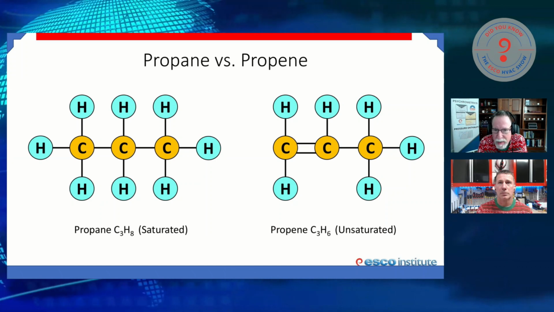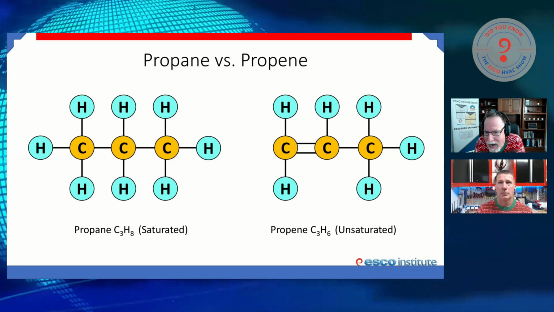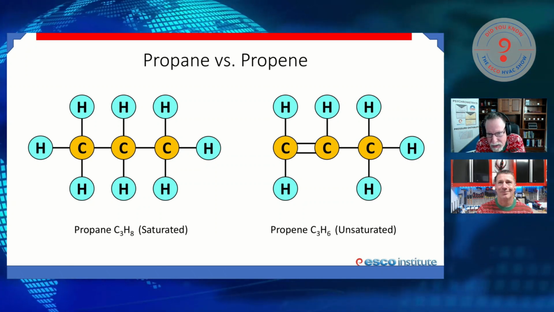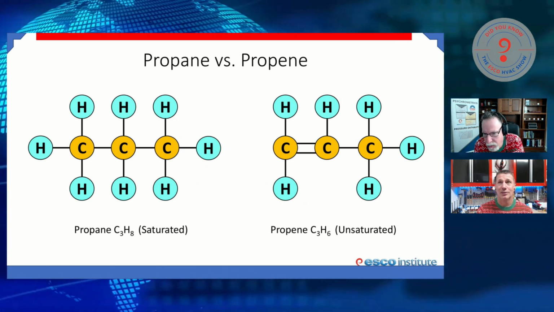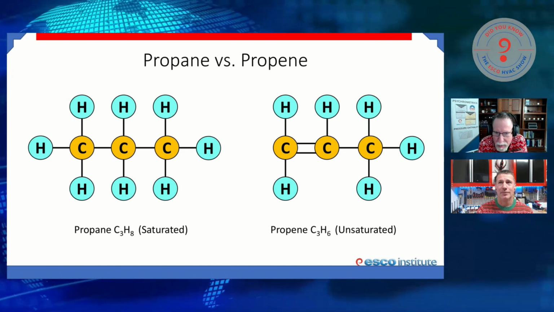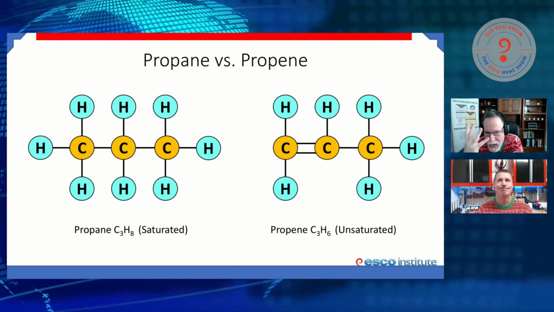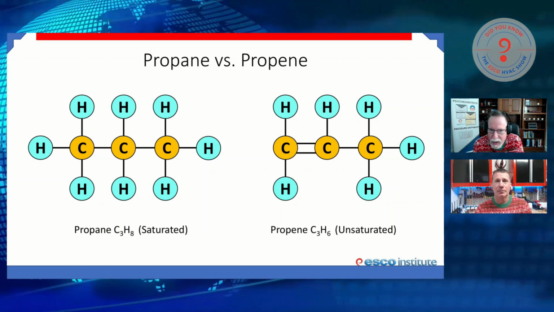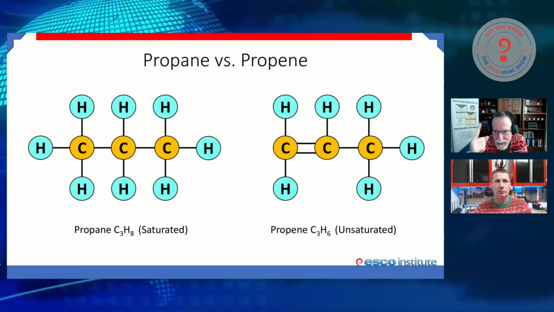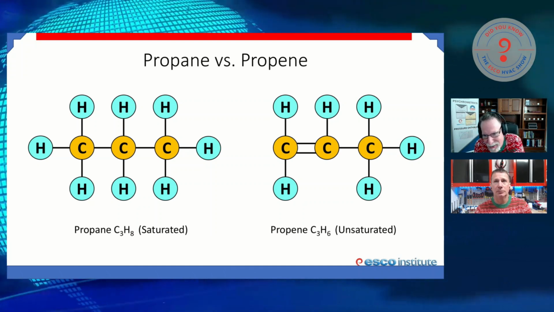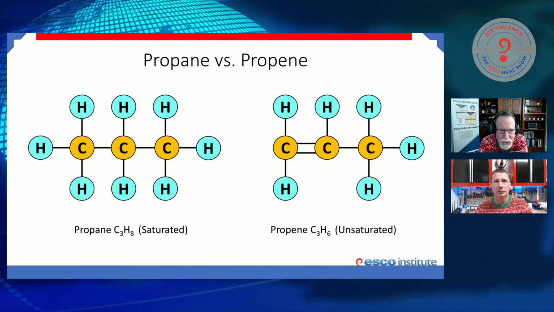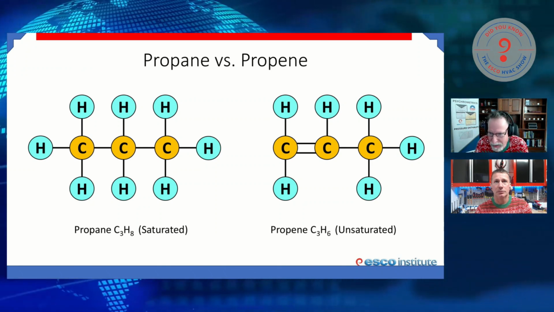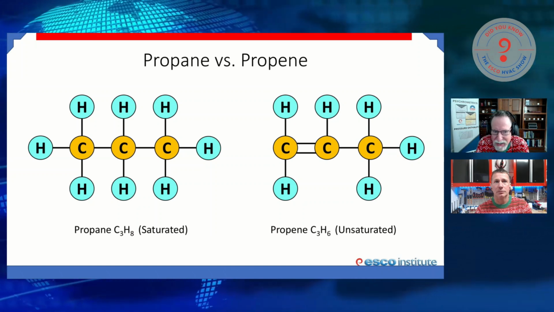That center carbon is bonded to 4 atoms. It's bonded to that hydrogen atom, it's bonded to the carbon atom on the right, that's 2, and it's bonded to the carbon on the left twice. So that counts as 4 bonds. The carbon on the left bonds to each of those hydrogens 1 time, and to that center carbon twice. So propane, C3H8, 3 carbons, 8 hydrogens, saturated.